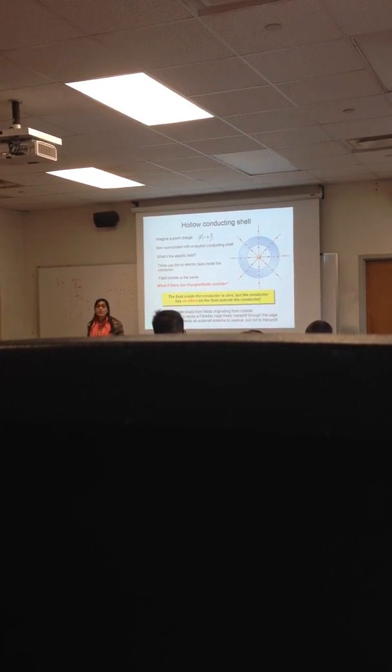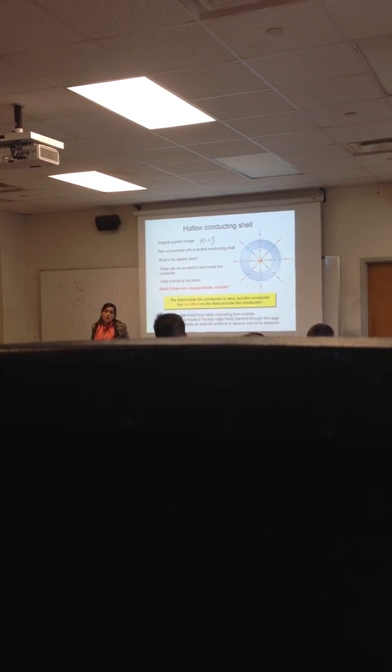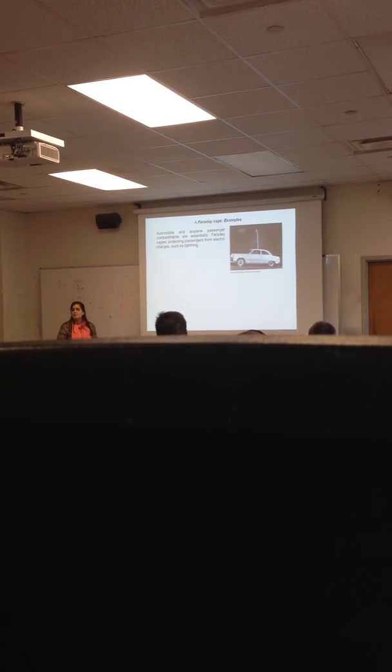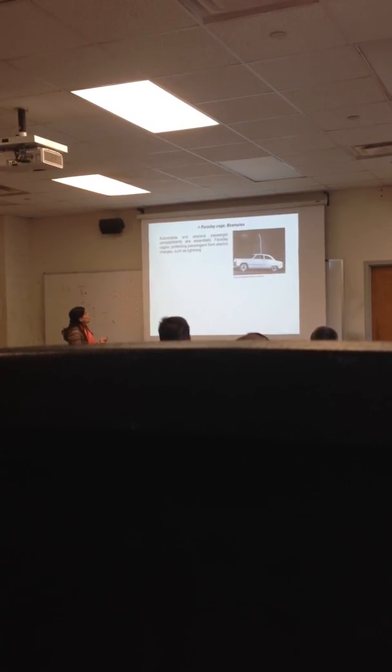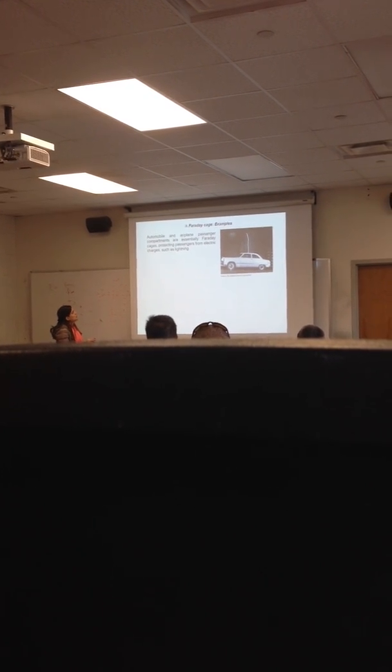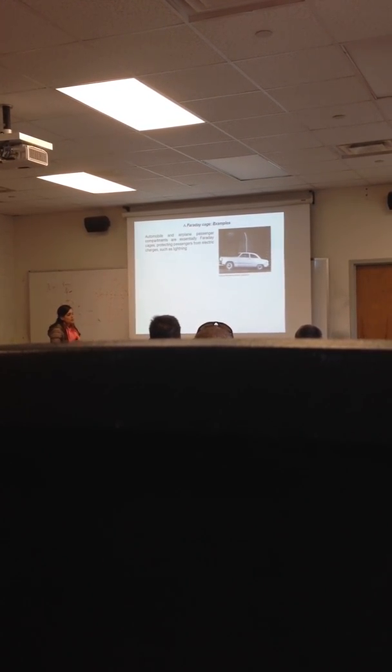So if you're ever in a storm and there's lots of lightning going on, get in your car. You've seen this picture. Automobile and airplane passenger compartments are all Faraday cages. They protect the passengers from electric charges such as lightning.